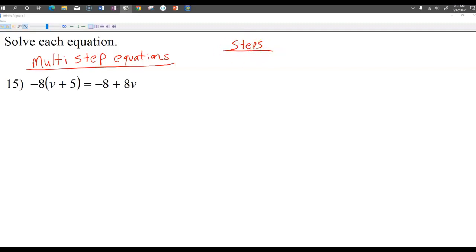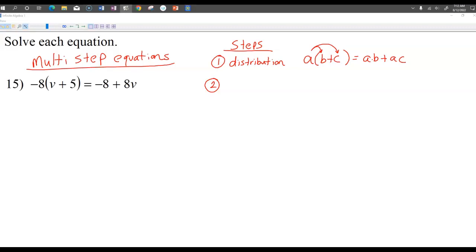usually, you're going to do any kind of distribution that you can. Now, if you guys don't remember what that means, if you have a number outside a set of parentheses, you're going to multiply it inside the parentheses to each number. Okay, that's distribution. You're going to do that first. Okay? The next thing you're going to do is you're going to move the smaller variable. Well, actually, let me take that back.